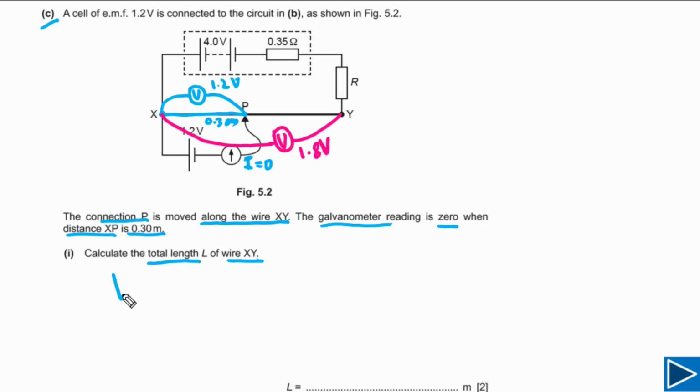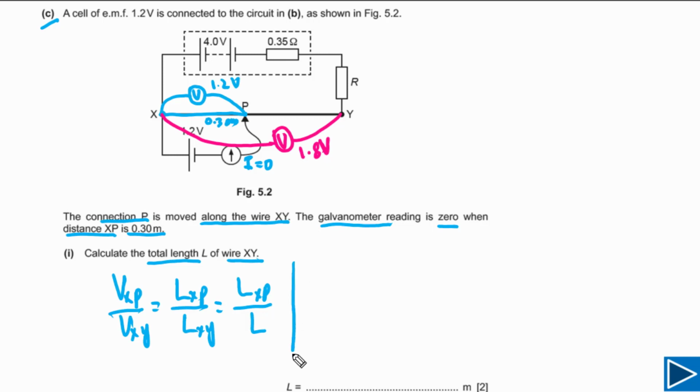In order to answer this question, you need to understand the ratio between VXP and VXY is equal to the ratio between LXP and LXY. But for this question, it is given to us that LXY is equal to L. So simply we can say LXY is equal to L. Now we need to find out value of L. So simply we can say in this case, L will be equal to VXY multiplied with LXP divided by VXP.